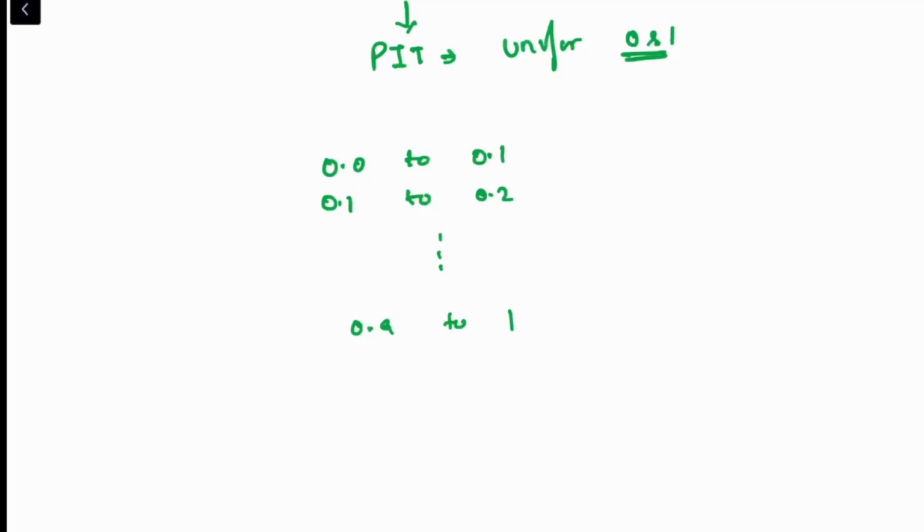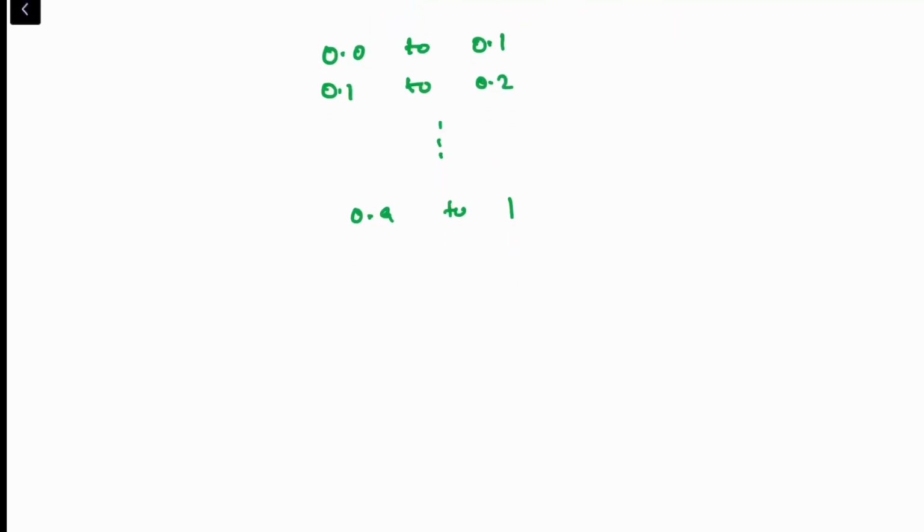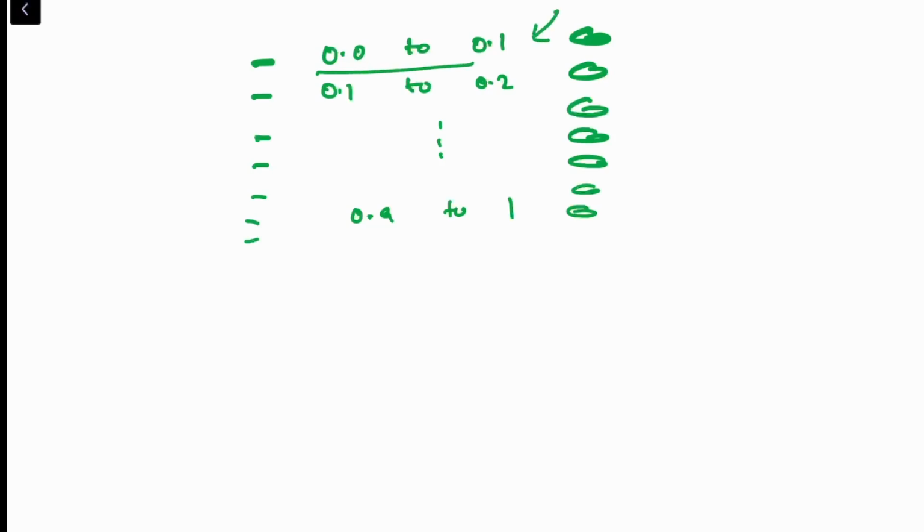The whole PIT values are distributed in 10 different parts. Now, within each range, how many times have you seen a PIT value?